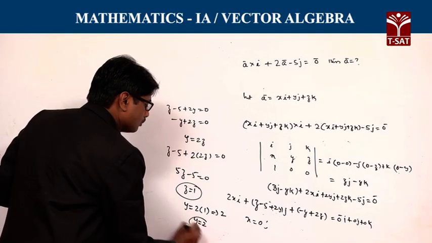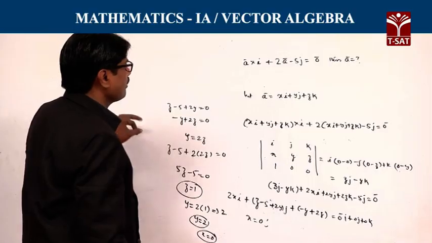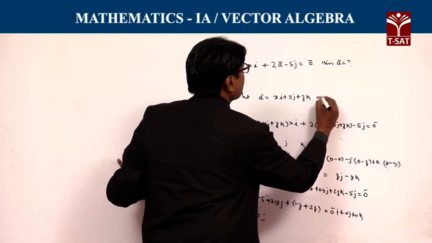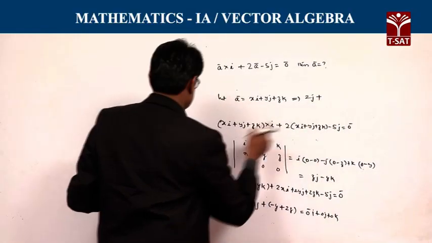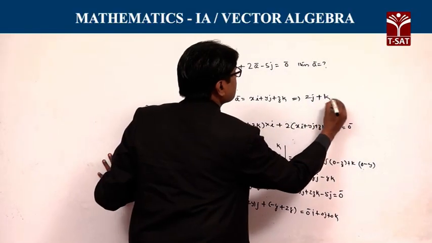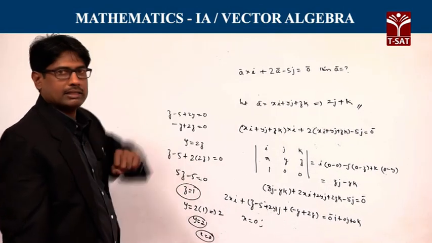So y is equal to 2, z equal to 1, x equal to 0. Therefore the required vector a bar is, since the x component is 0, 2 times of j bar plus k bar. This is the required vector, a combination of cross product and addition of vectors.